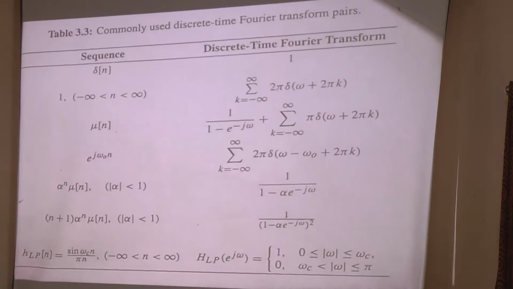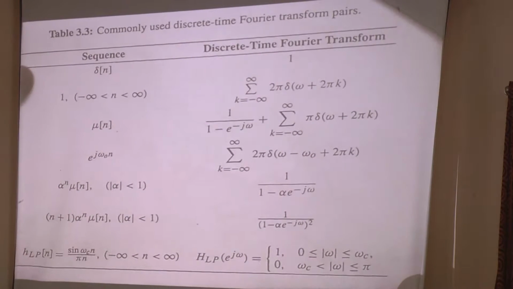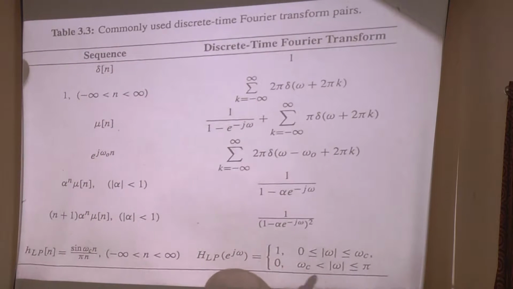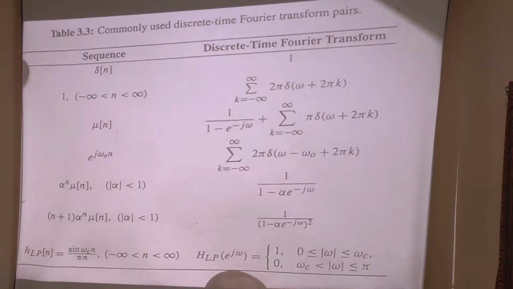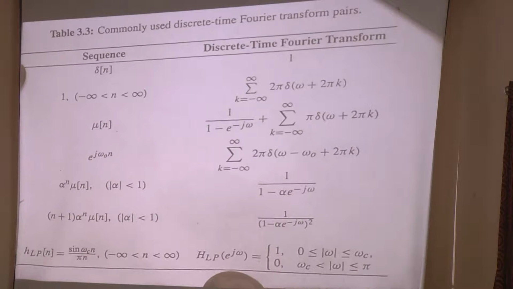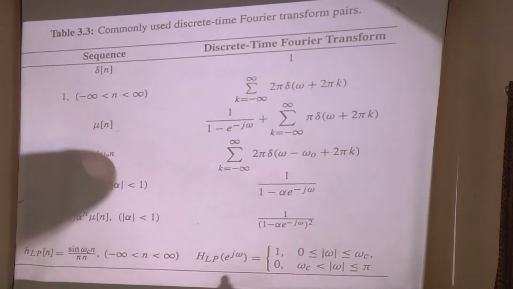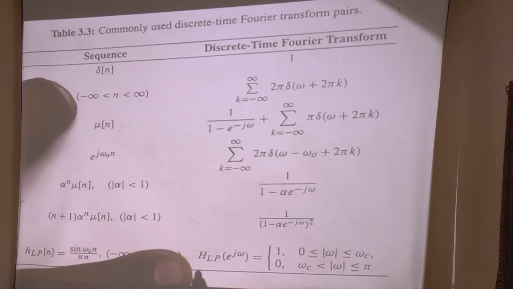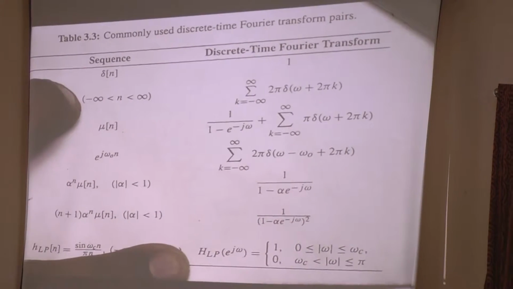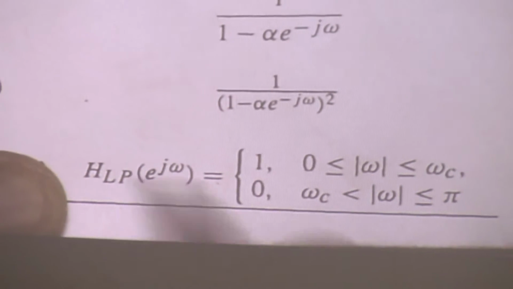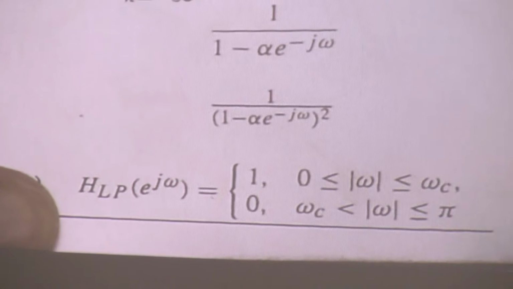You might have realized, imagined, what is this H LP e to the power j omega? What could that be? How do you name this? It is a frequency transform. Capital H means it must be the Fourier transform of small h. What is small h called in the continuous domain? Impulse response.